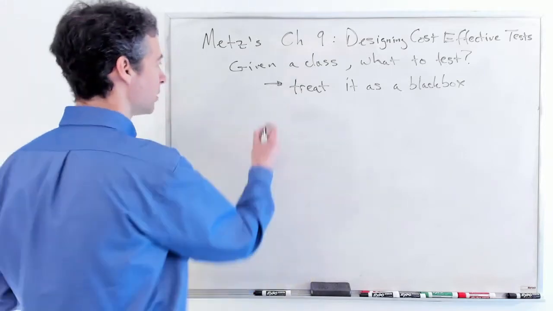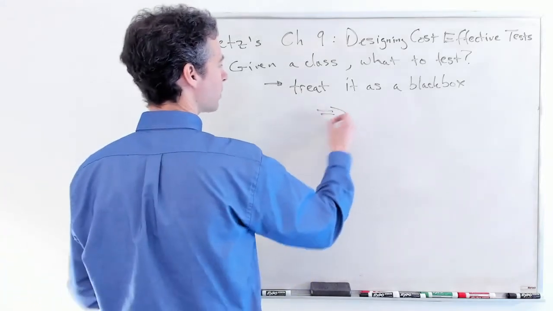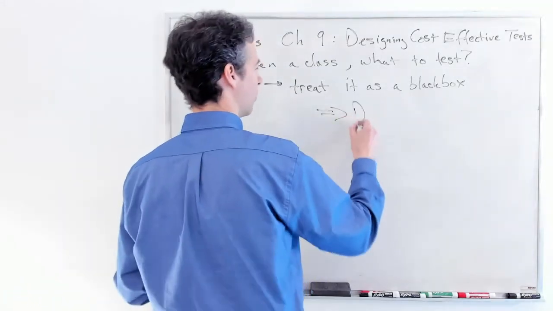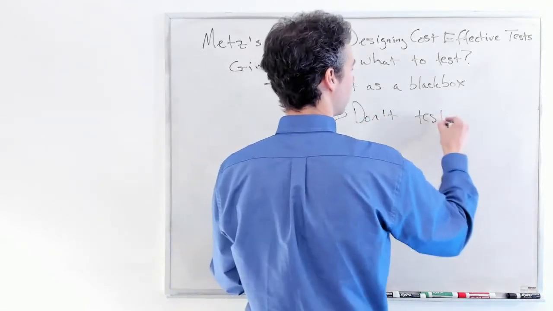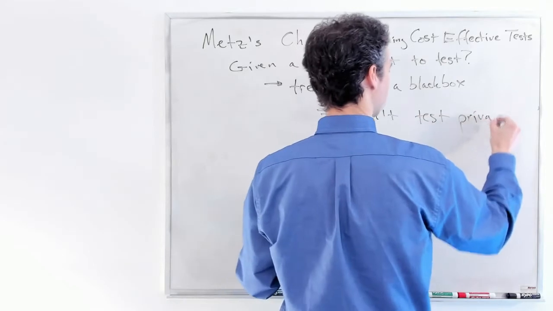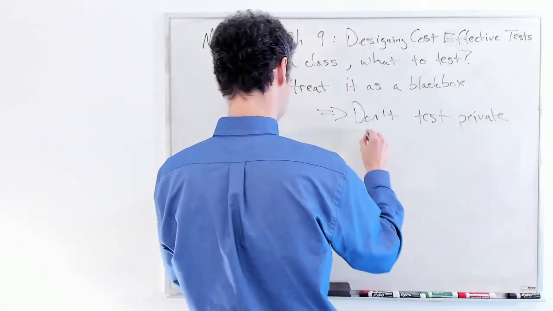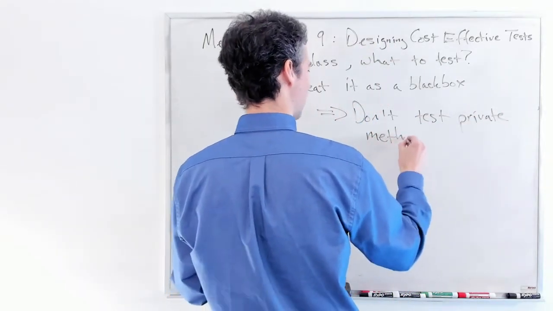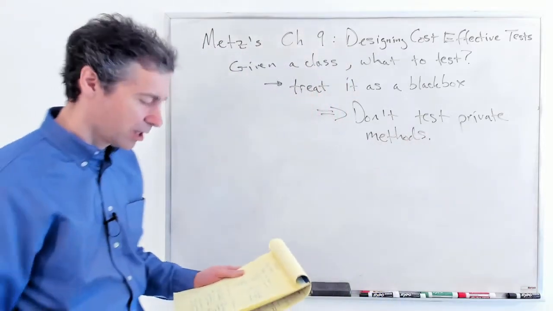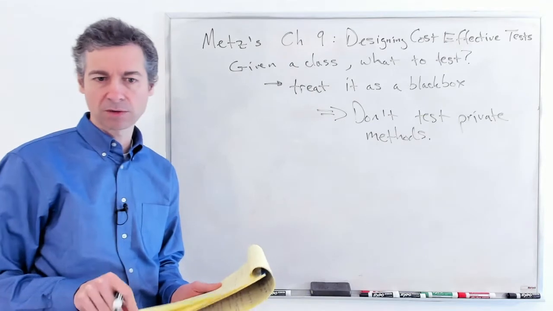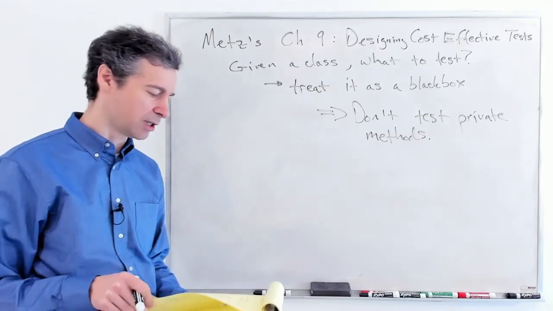So what this leads us to is the first rule of Sandi Metz, basically: don't test private methods. Okay, if you do this, you're going to entangle yourself, and you're going to be building too close to the implementation.